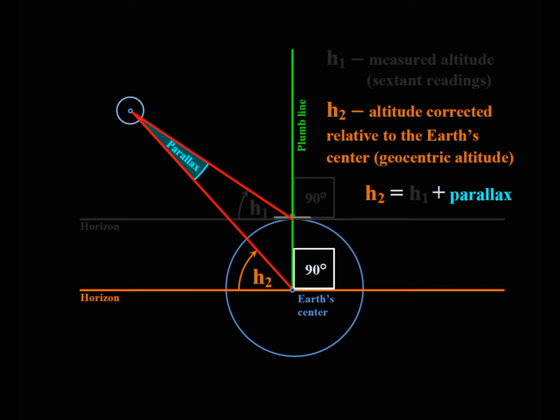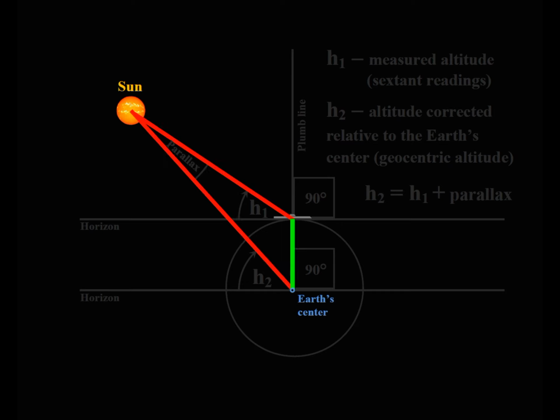The parallax value mainly depends on the distance to the celestial body. Consider a triangle that forms the parallax angle when observing the Sun. This side is formed by the radius of the Earth. This side is the distance from the Earth to the Sun.